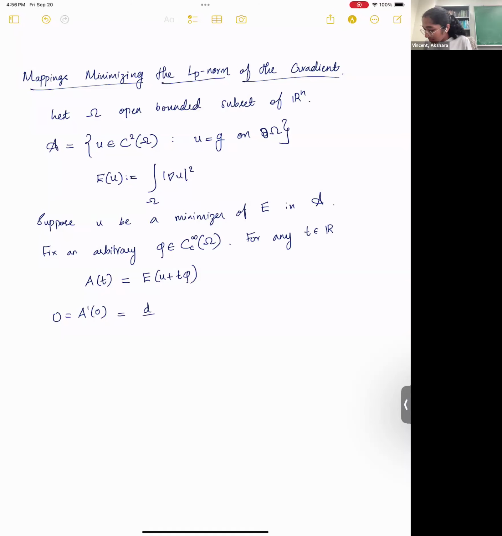So that implies d by dt of this functional at t equal to 0 is also 0. Let's compute this derivative. So this is nothing but d by dt of the integral over omega of the modulus of the gradient of u squared, which can be written as an inner product: gradient of u plus t phi, gradient of u plus t phi, at t equal to 0.